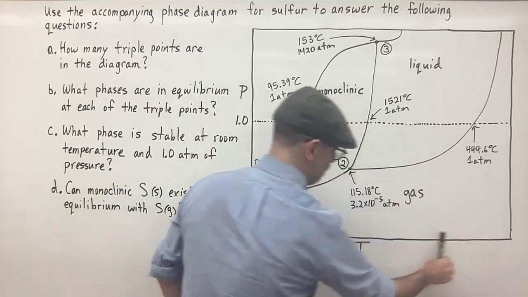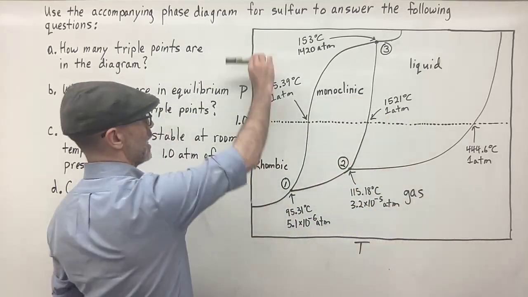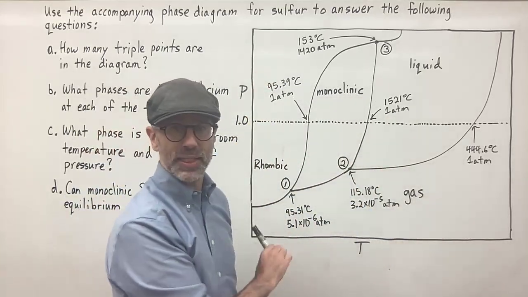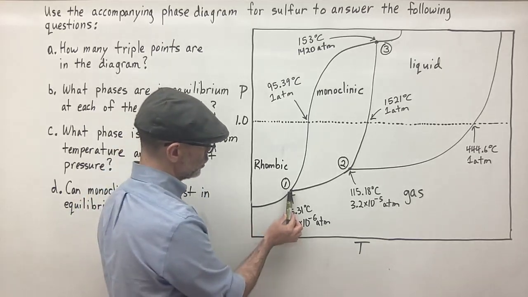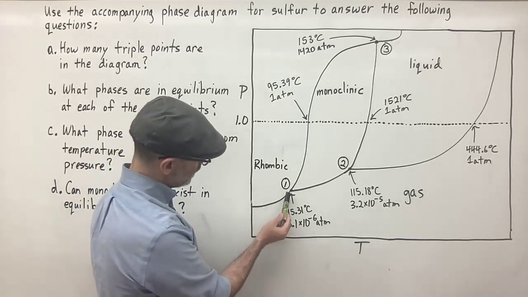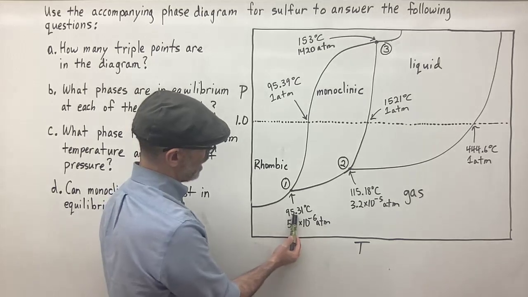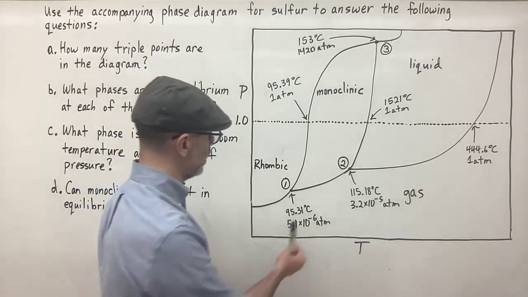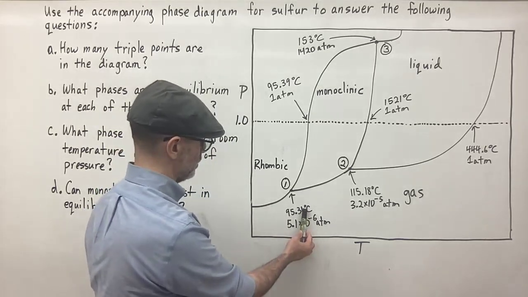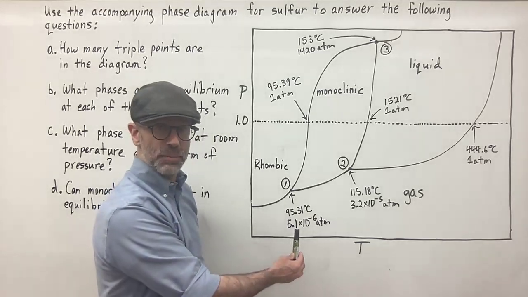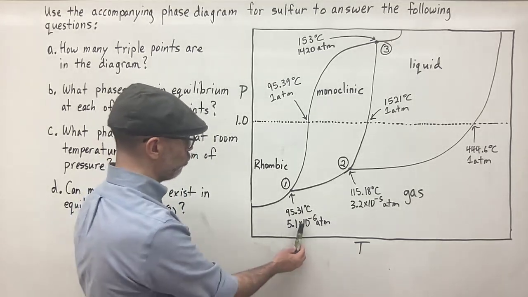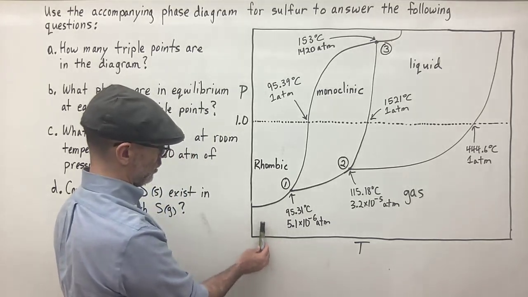We don't really have a temperature scale here, and this really isn't drawn to scale. So we can look at the temperatures here. At this point, we know it's 95.31 degrees Celsius, so that's definitely above room temperature. Room temperature is going to be down here somewhere.